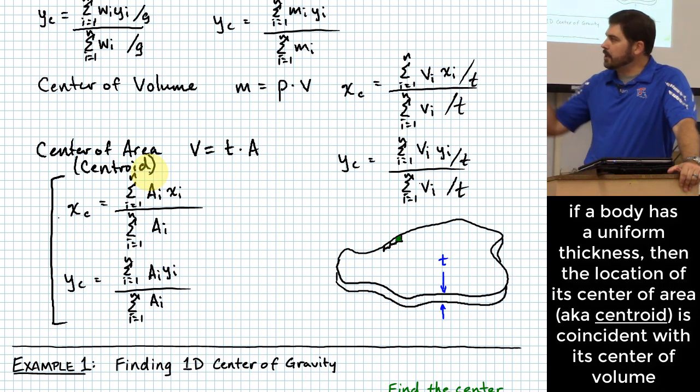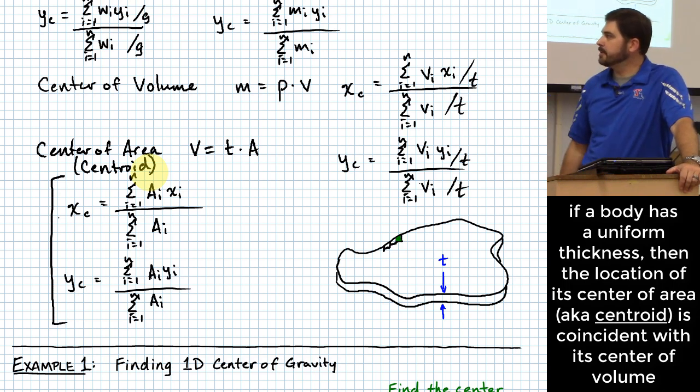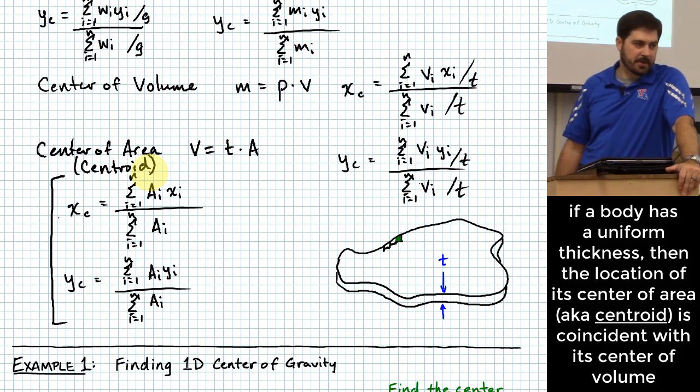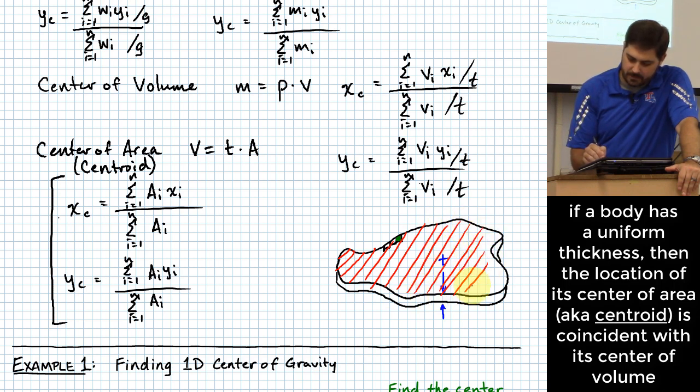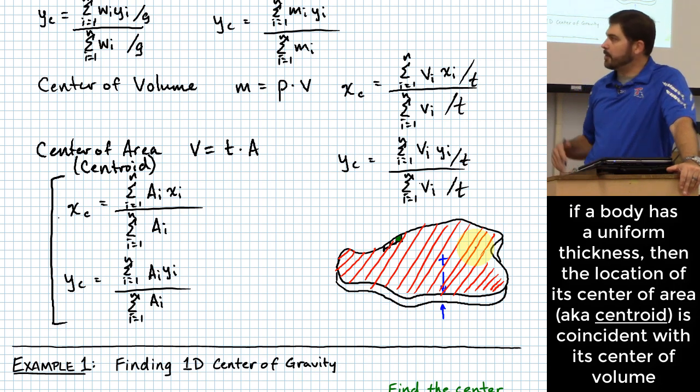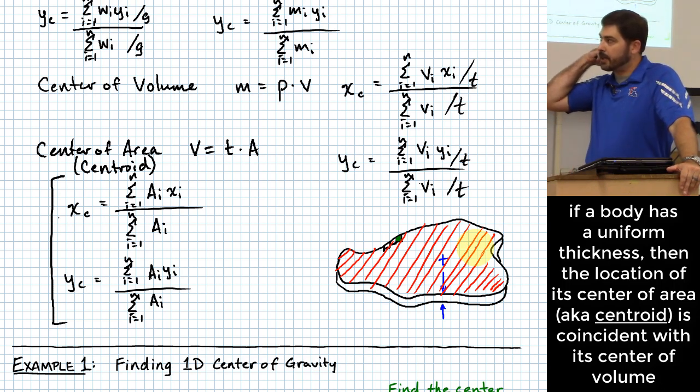And when I have in the denominator of each of those the sum of all my little area pieces, what's another way of thinking of the sum of all the little area pieces? It's really just the area of the whole top of a piece like this, right? It doesn't really matter what the shape is of the piece. The denominator is just the whole amount of area that I've got right there.